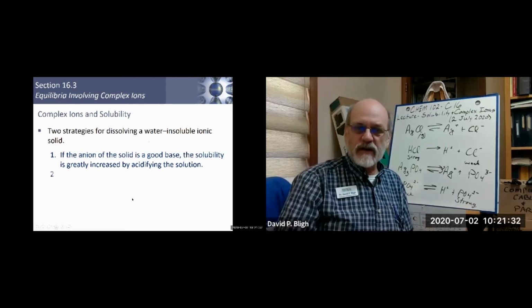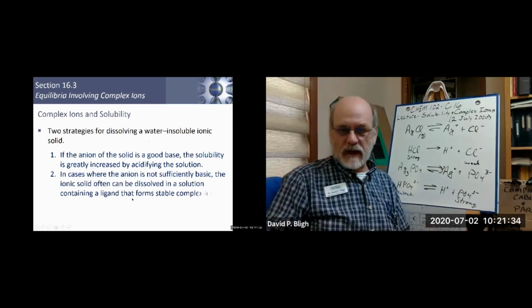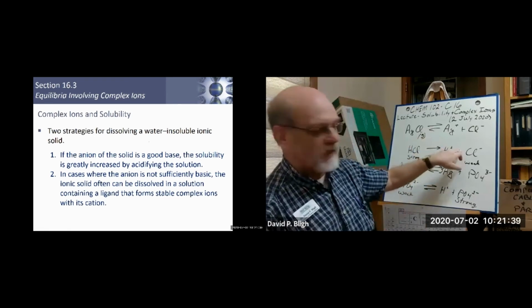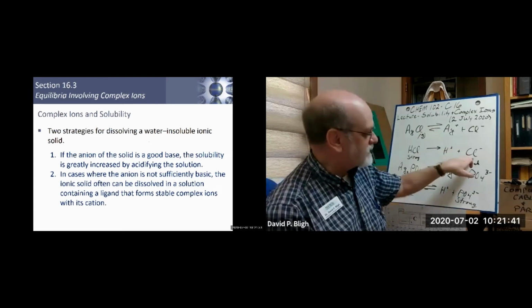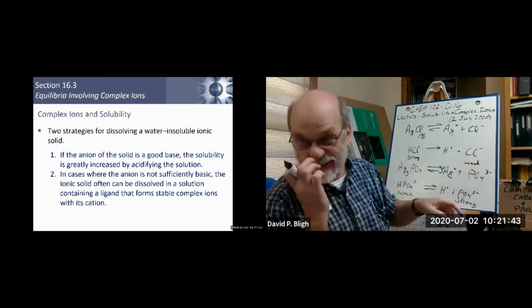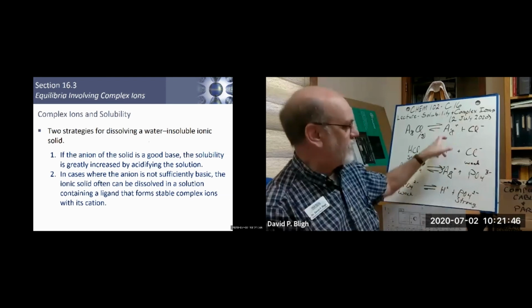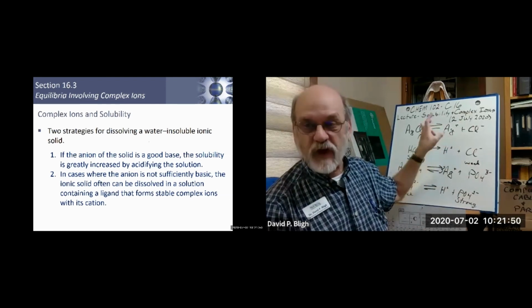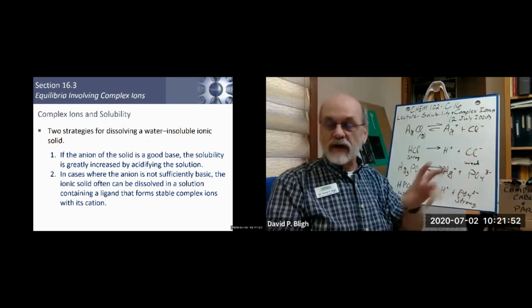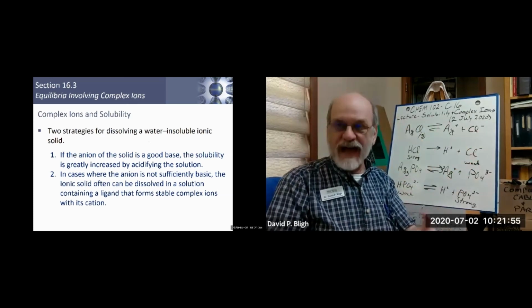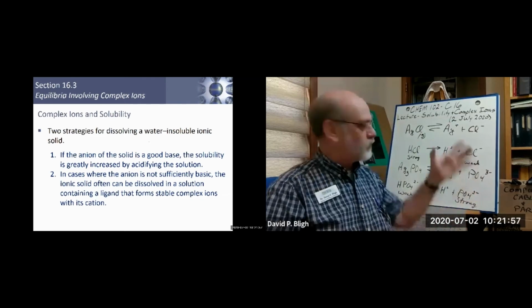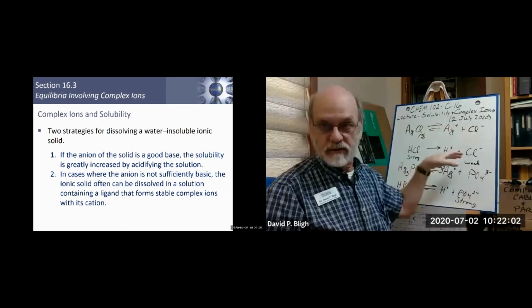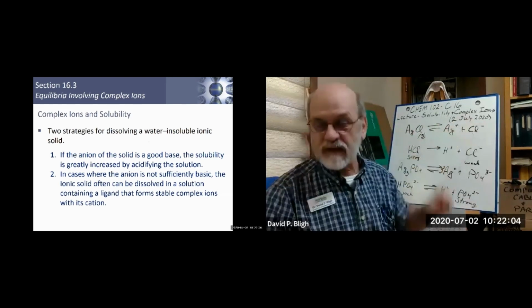The second strategy is, what do you do when you have this situation, right? You've got a weak base. Well, now you can't attack the anion to increase solubility. You've got to approach the cation. So in that case, you take the cation and try to get it into another form with a high K value so that it removes that from this reaction and drives the solubility that way.